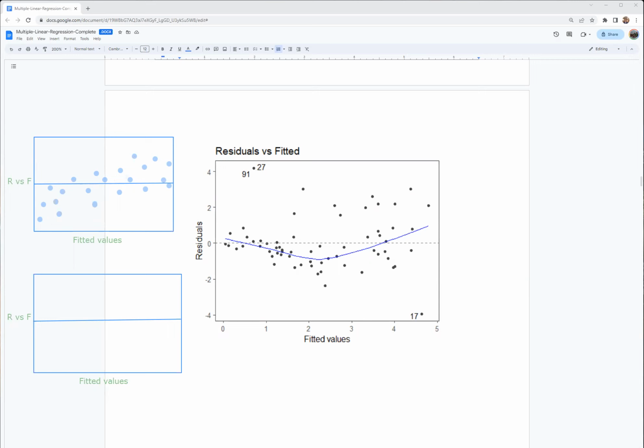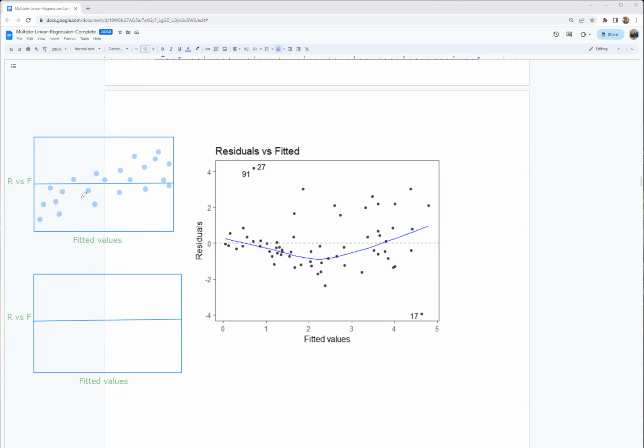This would be problematic because for smaller fitted values, the residuals are always or nearly always negative. But for bigger fitted values, the residuals are nearly always positive. And since the fitted values tell us some information about the residual or error value, that's problematic. It violates the independent errors assumption.